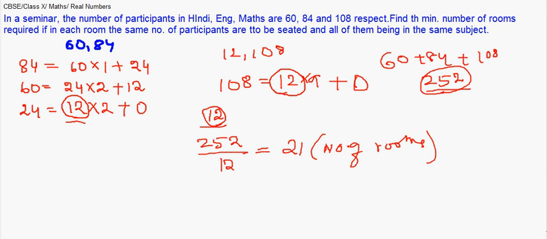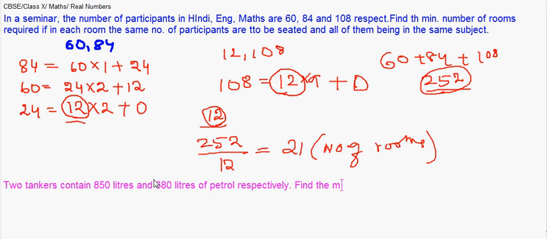I give you another question on a similar note for you to practice. It says 2 tankers contain 850 liters and 680 liters of petrol respectively. As you'll do it later on, I'm writing it in complete words.